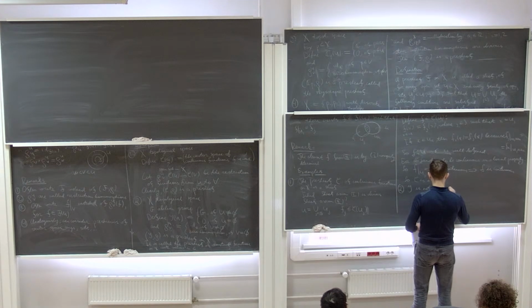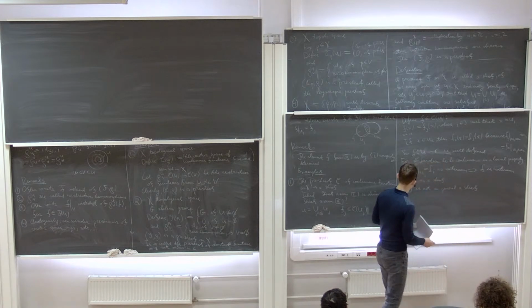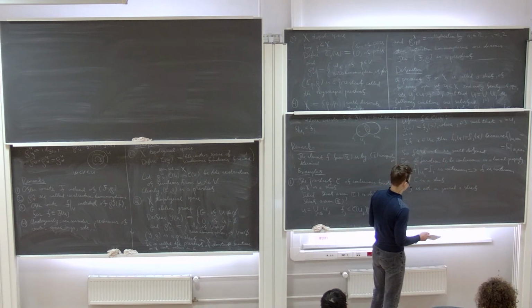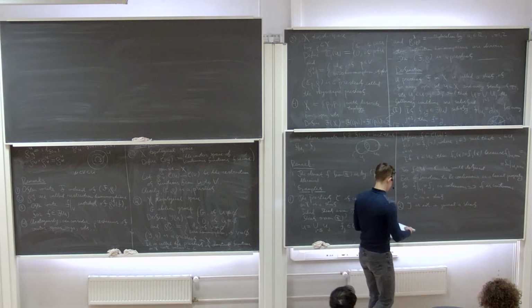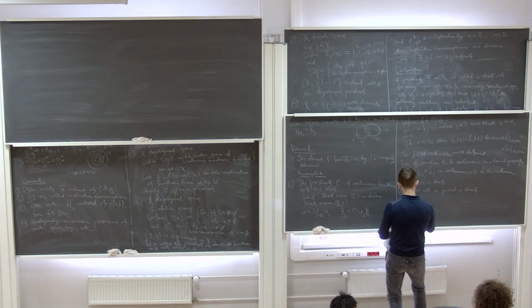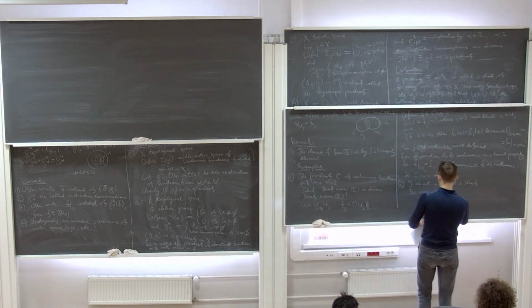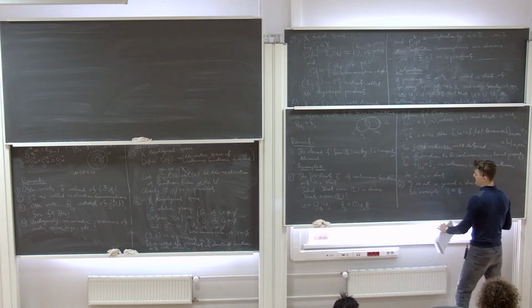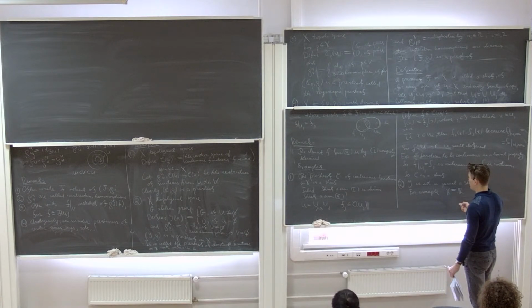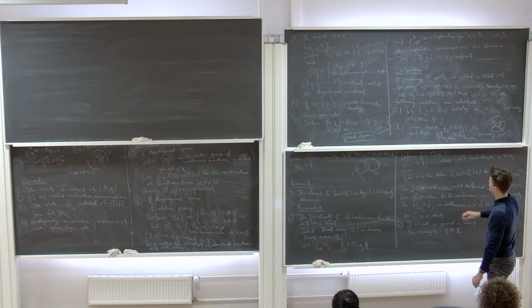For example, you take X equal to R, and then the second property is not satisfied.